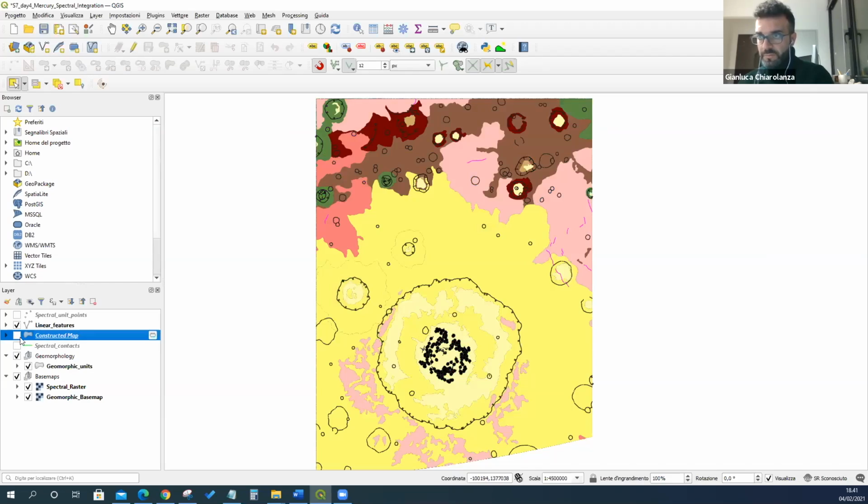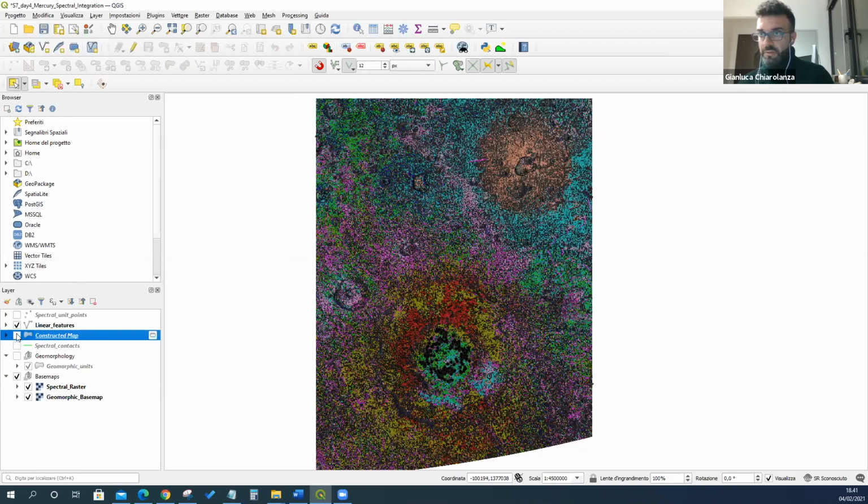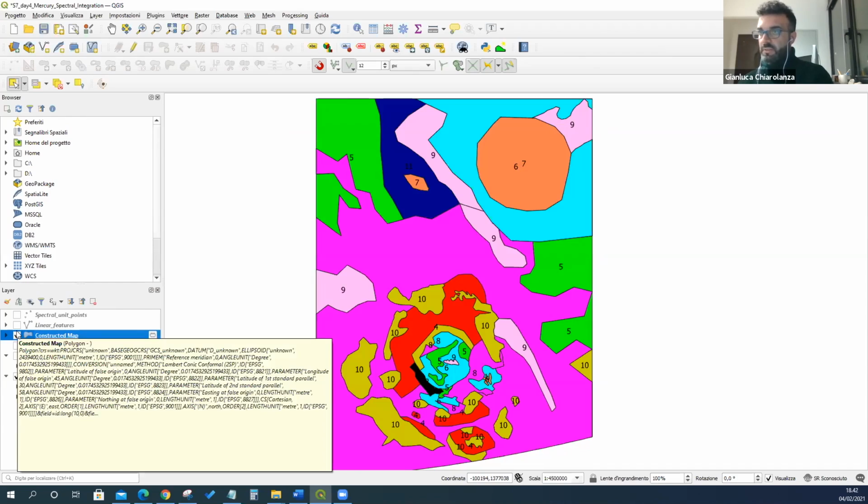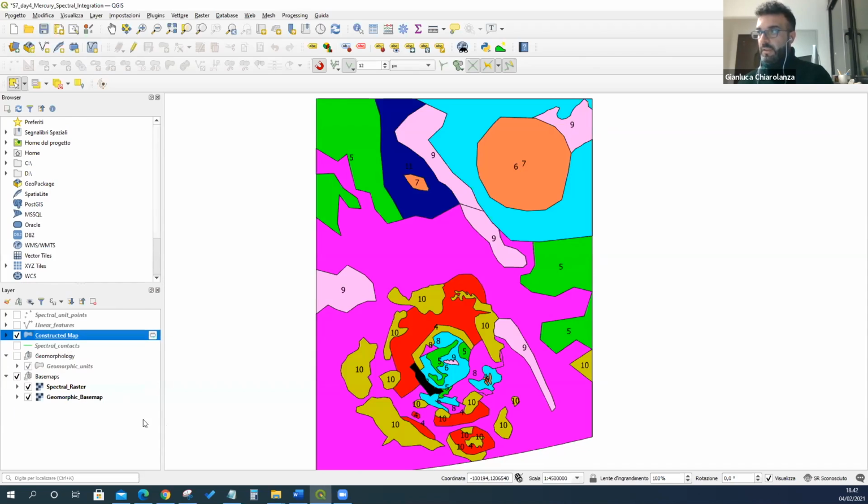I'm going to switch off for a moment the geomorphological map and also the linear feature, just to show you that there is some, not very good, but there is some correspondence between the constructed map and the spectral raster.